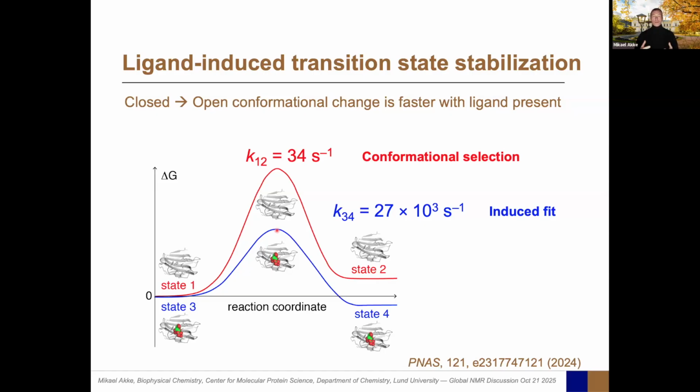And so it's a very well-known concept. It's just that this is the opposite side of the coin, so to speak, where this is the ligand giving a transition state stabilization of the protein changing its conformation.